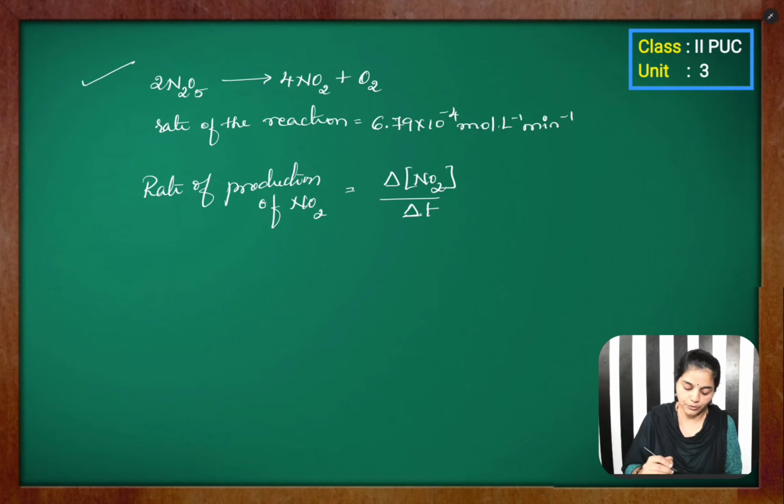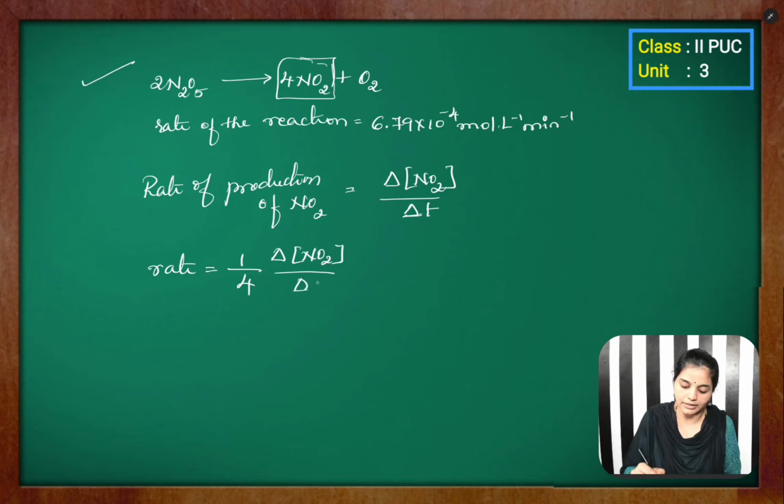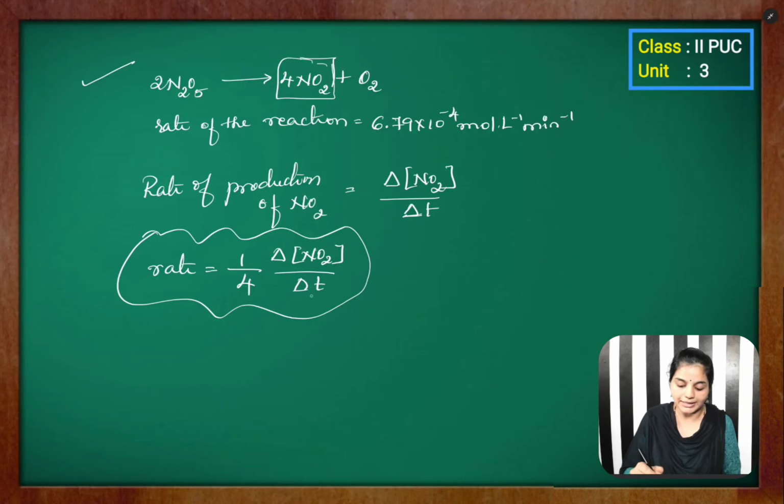Now from the given equation, we can write rate of reaction in terms of rate of formation of nitrogen dioxide. Since we have the stoichiometric coefficient of nitrogen dioxide as 4, we have to divide it by 4. We have delta concentration of nitrogen dioxide divided by delta T. So in this equation, delta concentration of NO2 divided by delta T is nothing but rate of formation of nitrogen dioxide.